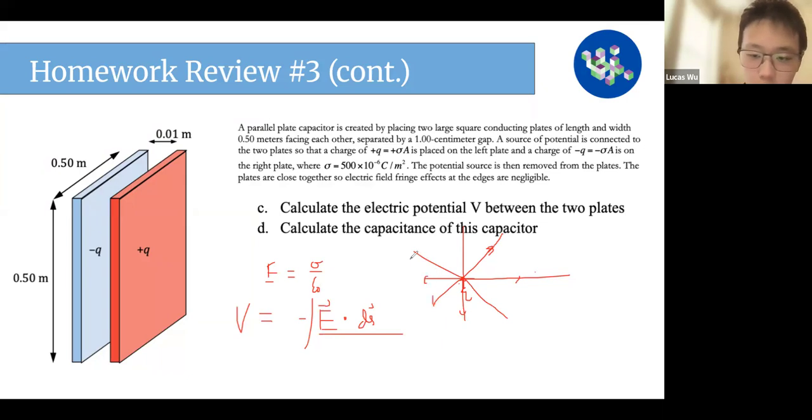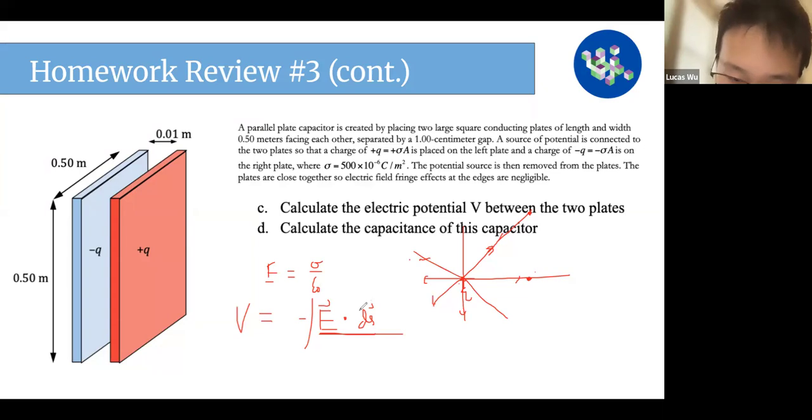Then if I want to find the potential difference between this point over here, and if I extend this line, this other point, I want to do the electric field and then the dot product of the electric field with an infinitesimal segment.